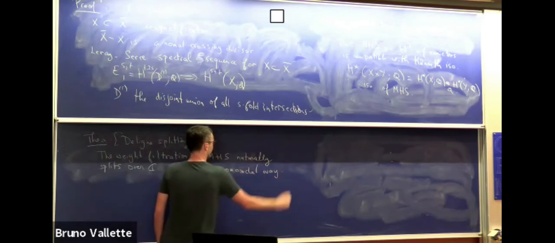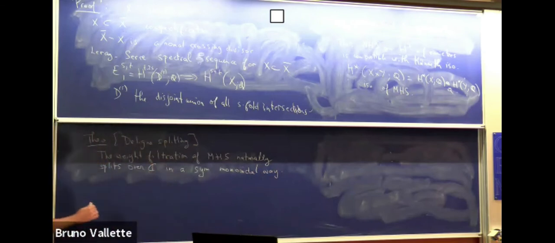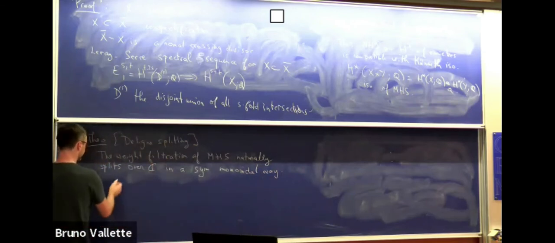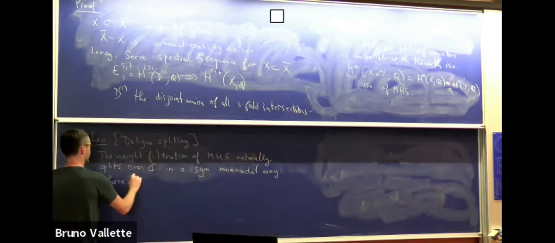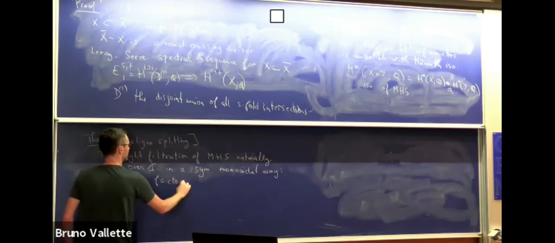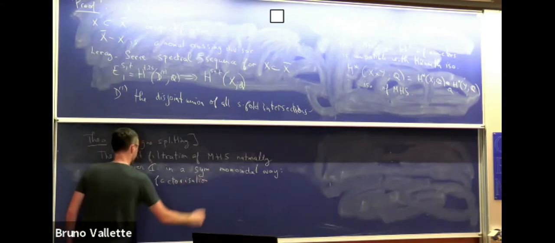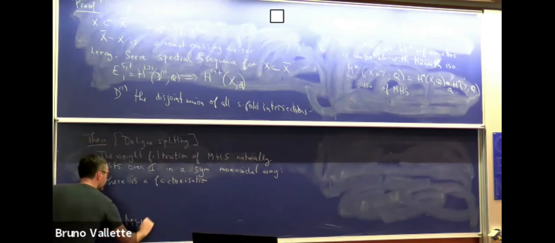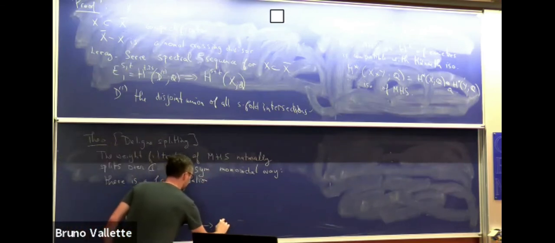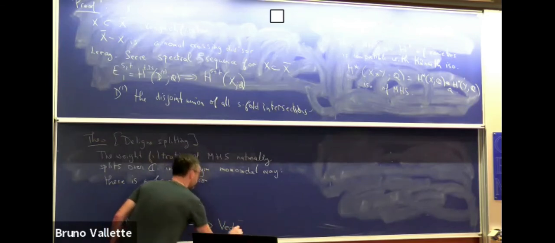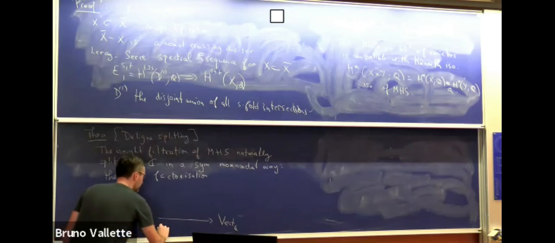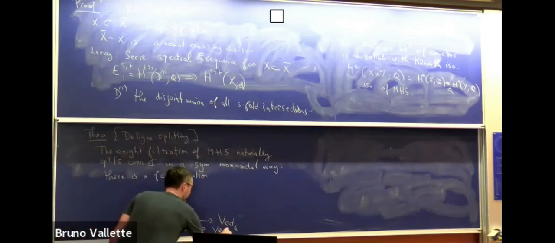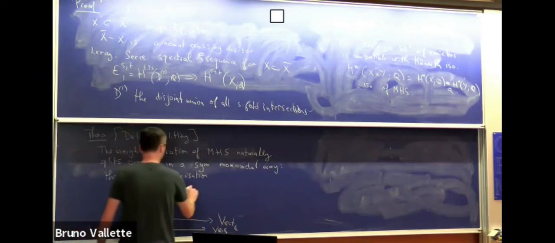So let me state a more precise result. So there is a factorization: from the mixed Hodge structures, I can go to vector spaces over C just by sending V to V tensor C. And the claim is that this functor lifts to graded vector spaces.